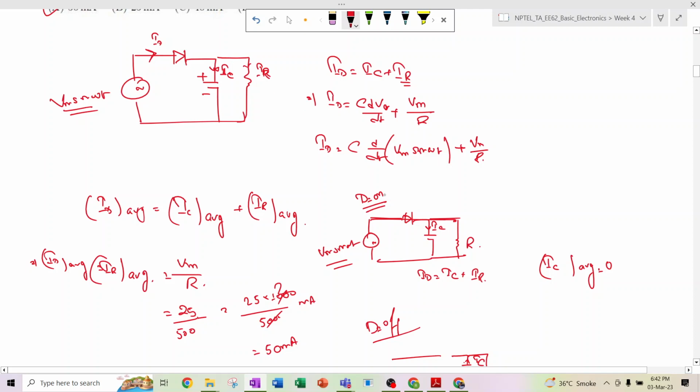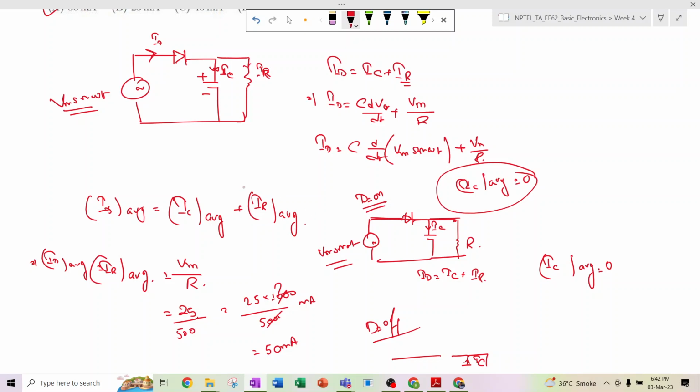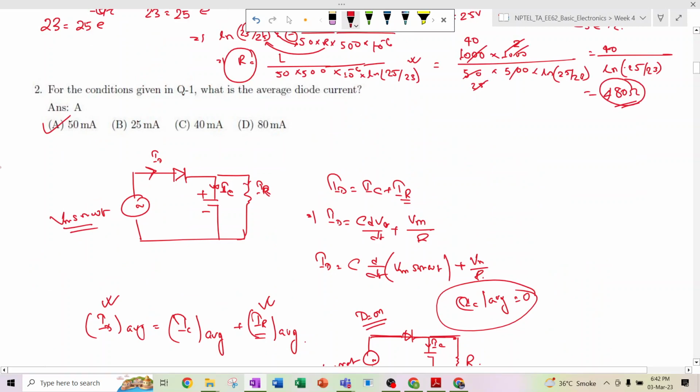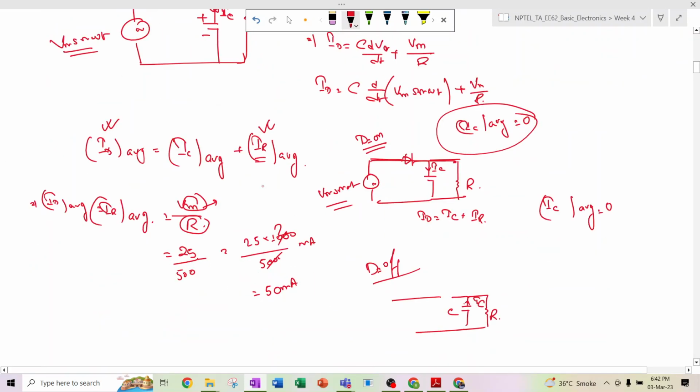So if we plot these two things, the capacitor charging and capacitor discharging, then if we find out the average, the area under the curve will cancel out, and the IC average value is equal to 0. So whatever the value of this IR, that will reflect to the average value of the ID. And how to find out this IR average? This is nothing but Vm, the magnitude, divided by R, and Vm is 25, and if we put this value, then we get 50 milliampere. Okay.